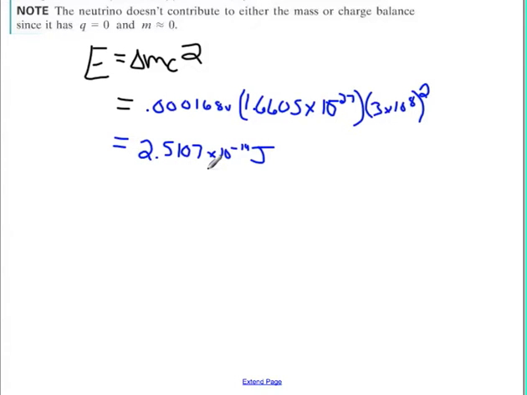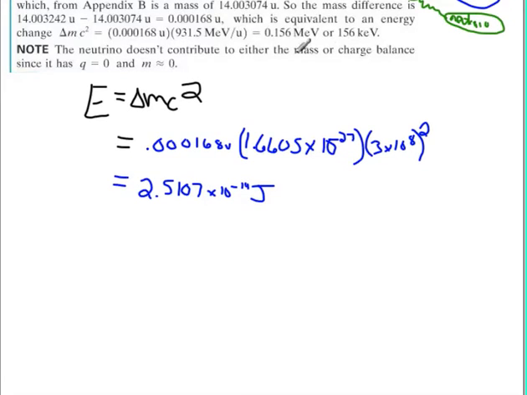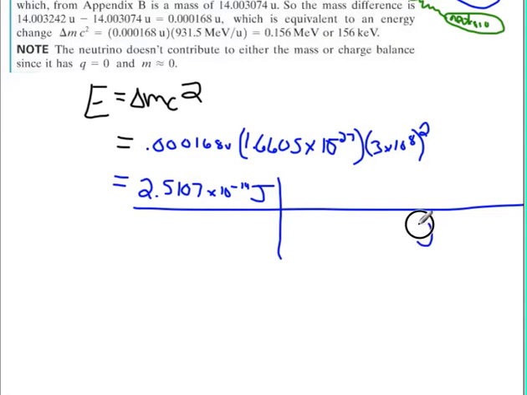Okay, so we get joules, but if we go back up here, I don't see anything about joules. It's like an electron volt, so then we just do a unit conversion and ask how joules relate to electron volts. If you go back and look somewhere in your book, or you just remember, there's 1.602 times 10 to the negative 19th joules in 1 electron volt.